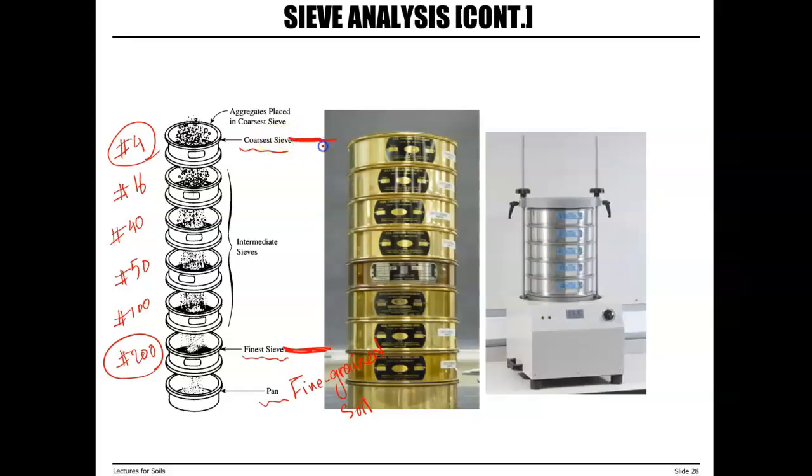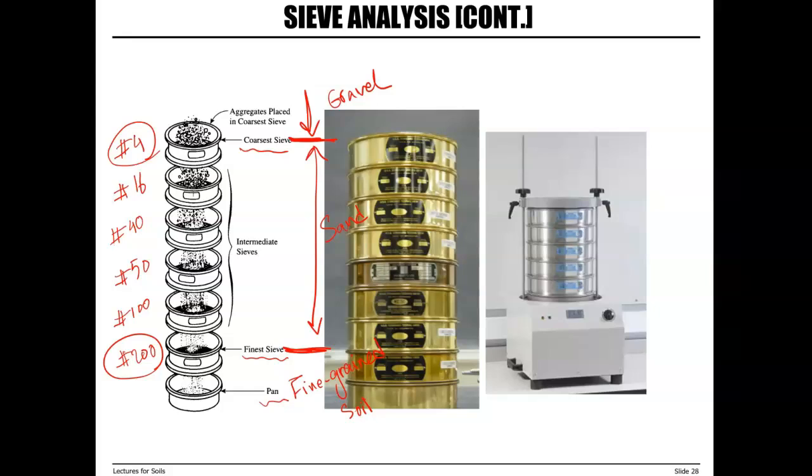And here, between number 4 and number 200 is sand, and here is gravel. So that's why number 4 and number 200 are very important for us, because it separates the amount of coarse grain from fine grain. Number 200 separates coarse material from fine material, and number 4 is the sieve that separates gravel from sand.